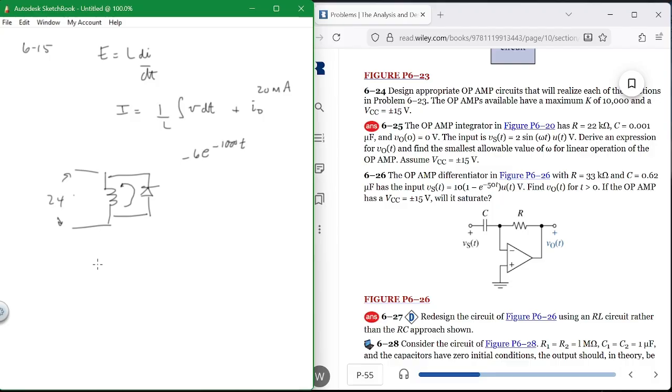Oh, it's that stupid inductive kickback, or then it's Eli. E equals L di over dt. Can't go to zero immediately, or else you're going to have an infinite spike of voltage. And infinite spikes of voltage are very harmful. So that's why we do this. It's not just because, oh, these are good math problems.